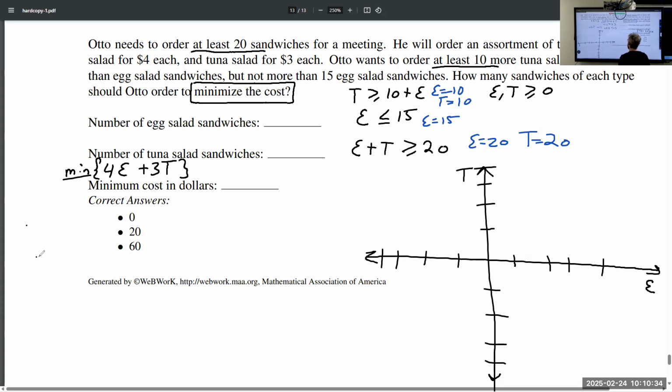Okay. So we have egg equals -10, and tuna equals +10. So I think we have some line that goes that way. We have 20, 20.